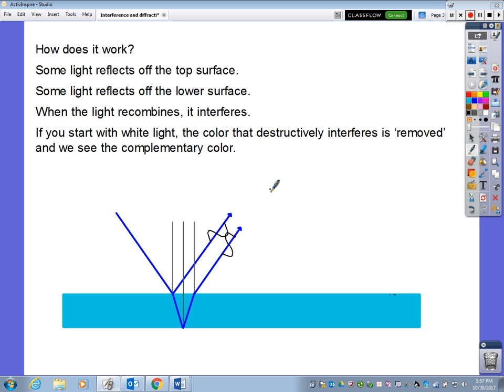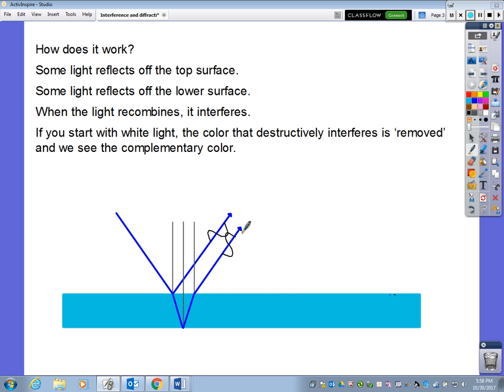So if, for example, we had white light coming in, all the colors of light, and through this interference the blue light is being canceled out by destructive interference, then we get all the other colors except for blue, and the light will look yellow out here.